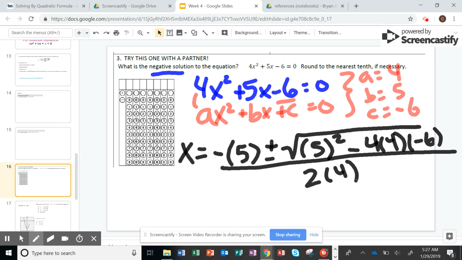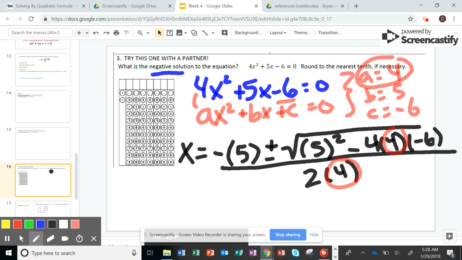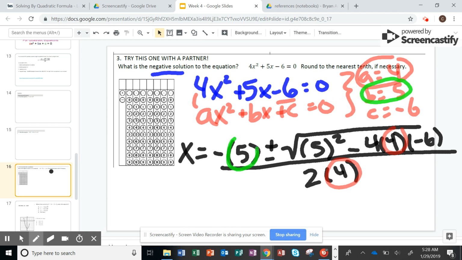So again, I am plugging in the a's, which were here and here, the b's, which is 5, here and here, and of course lastly the c value, which is here, went in right here.